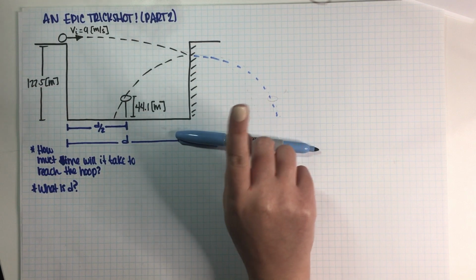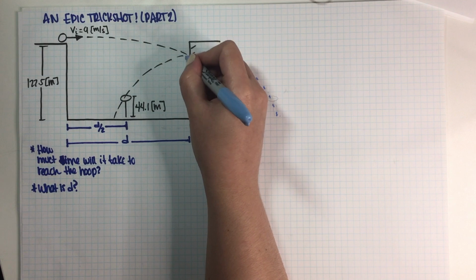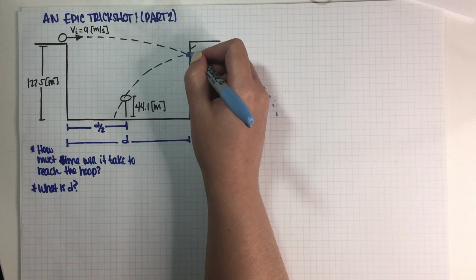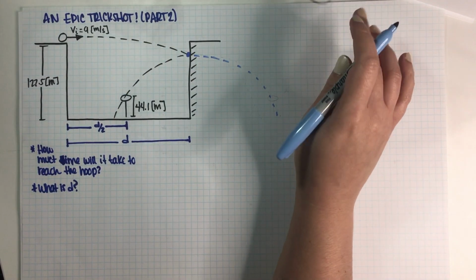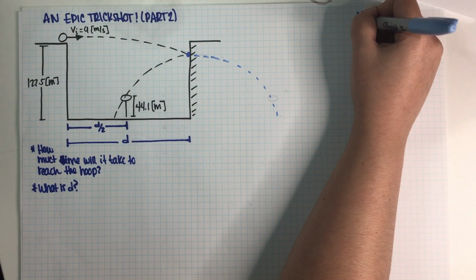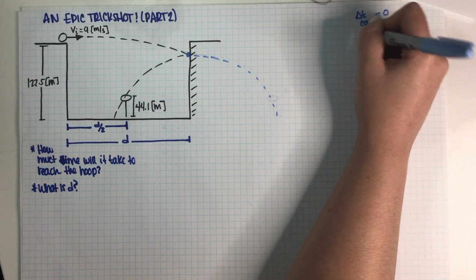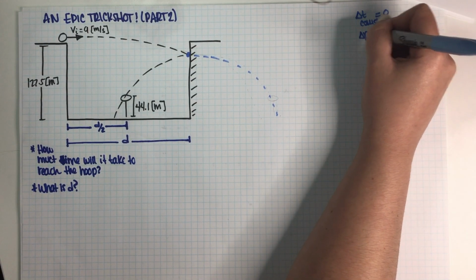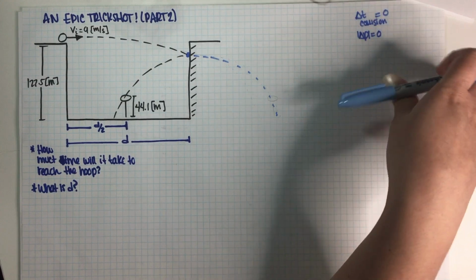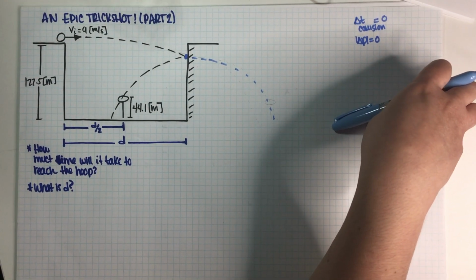The ball bounces off the wall instantaneously. That means that hitting this wall happened in 0 seconds, which means delta t of the collision with the wall is 0. That means that delta p, in terms of magnitude at least, is equal to 0, which means that the ball is not gaining any impulse.